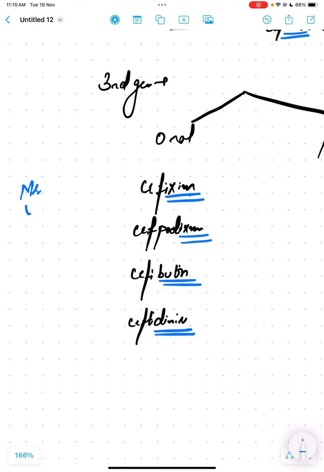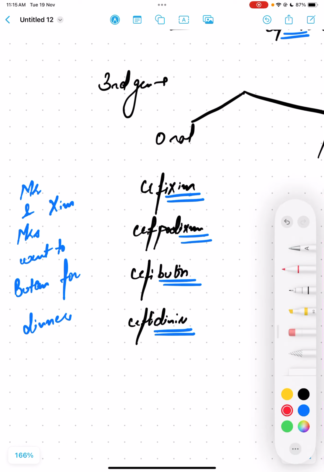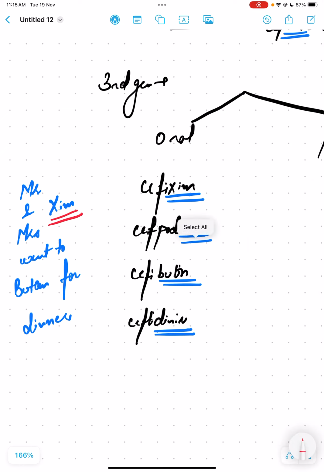Mr. and Mrs. Zim went to Bhutan for dinner. So you can remember this easily. It involves Mr. and Mrs. Zim two times. You can remember ceftibuten with Bhutan and cefdinir with dinner. Mr. and Mrs. Zim went to Bhutan for dinner.